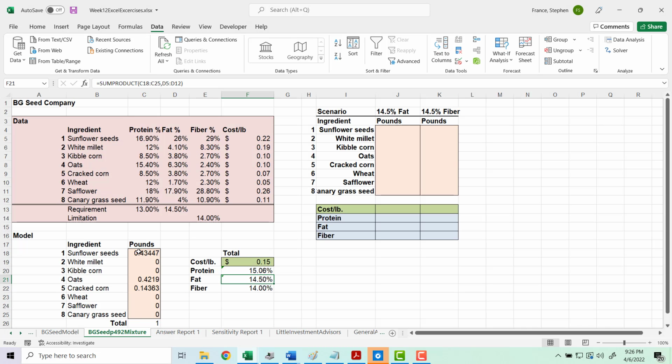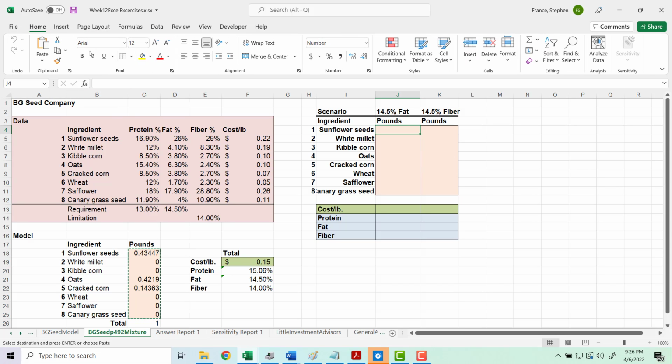So let's just actually put this in our solution thing to the right. So just copy, and then we're just going to paste values. And then we have the cost per pound, protein, fat, fiber, and again, we're going to paste values.